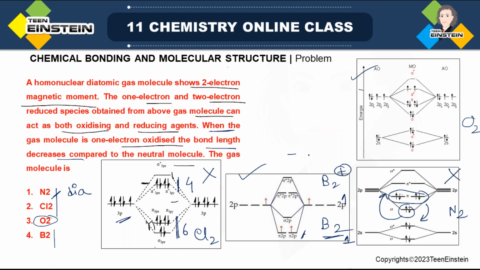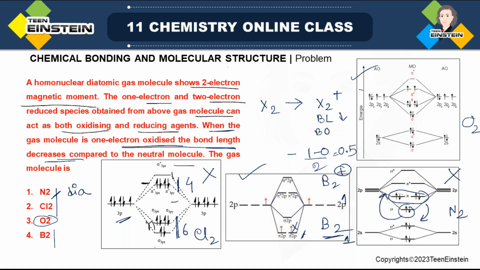But when it is B2 plus, it is basically (1 minus 0) by 2, because you have already removed this electron. So it is now 0.5. That means from bond order 1, you are now reaching a lower bond order, which means your bond length is increasing. But here it is mentioned that when the gas molecule is oxidized, the bond length is decreasing. So in general, if I write X2 to X2 plus, here the bond length is decreasing.